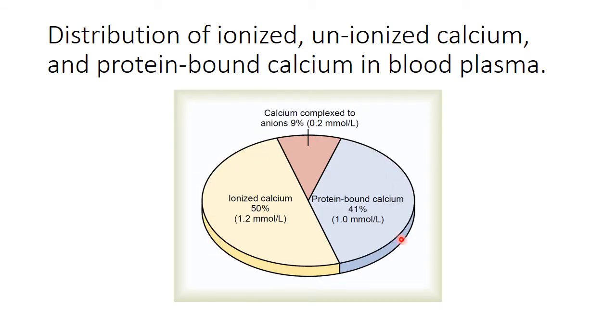So by the pictogram, you can see that the most important is the ionized calcium, that is 50%. Calcium which is combined with an ion is diffusible, and the 40% that is combined with albumin is non-diffusible.